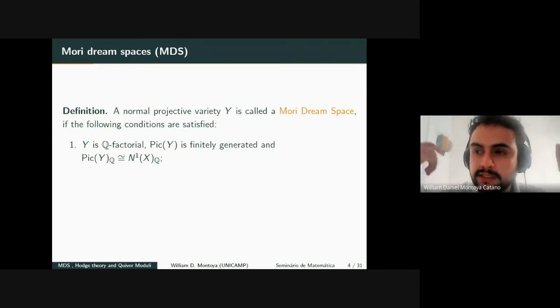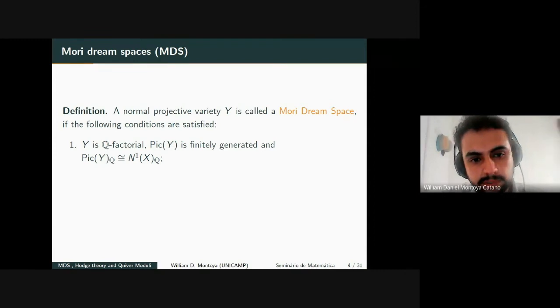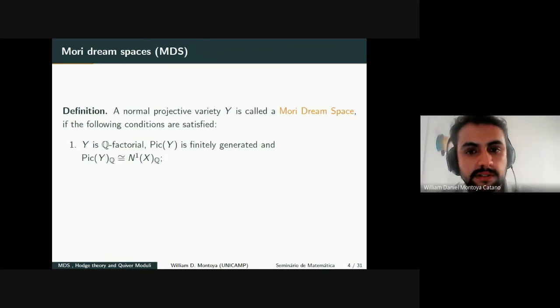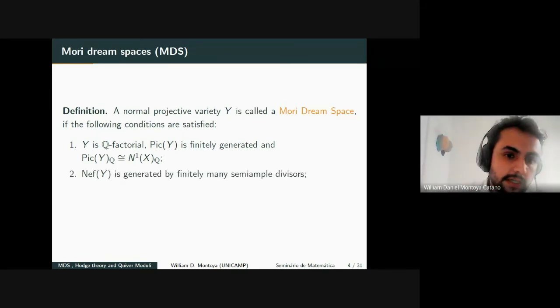It's like the equivalent in complex analysis of being holomorphic. And you ask, as a first condition, that this way of characterizing divisors, making classes of divisors, coincide with the numerical one. Numerically, remember, means you put divisors in the same class if they intersect in the same way with all the curves inside your variety.